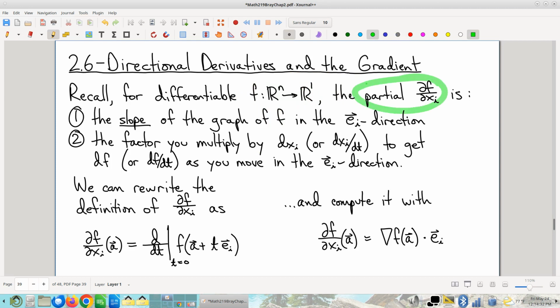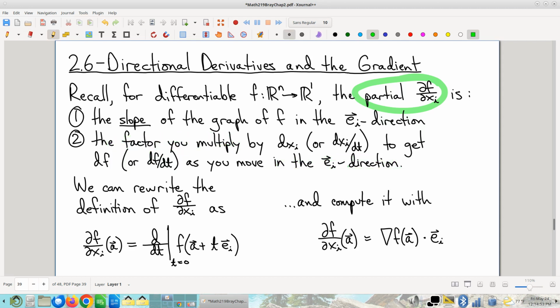On the one hand, it's a slope of a graph as you're moving in a certain direction. It's also a multiplicative factor. It's what you multiply by input change to get output change, again as you're moving in that certain direction.